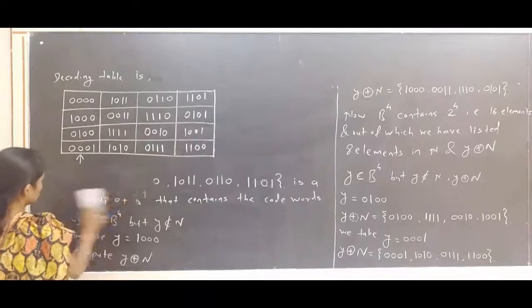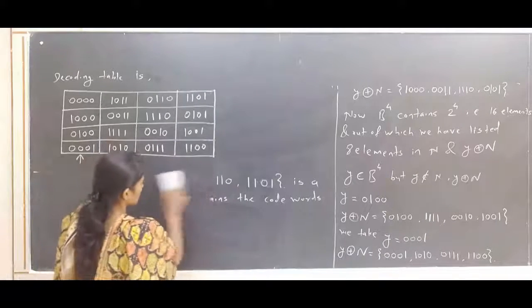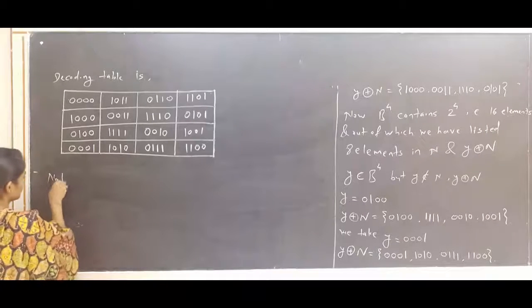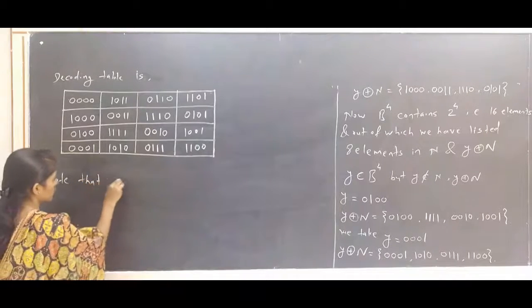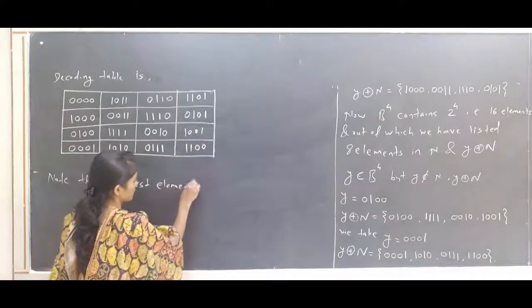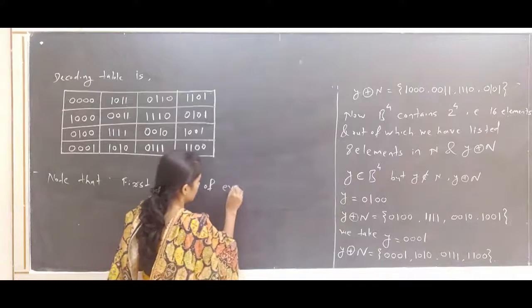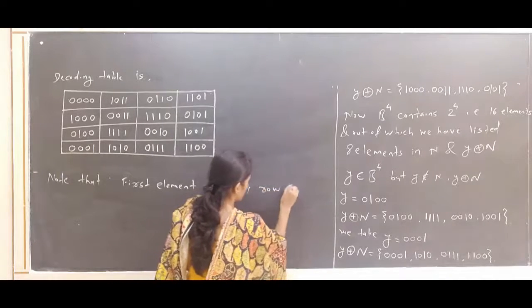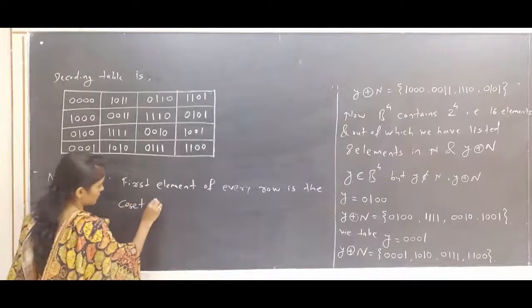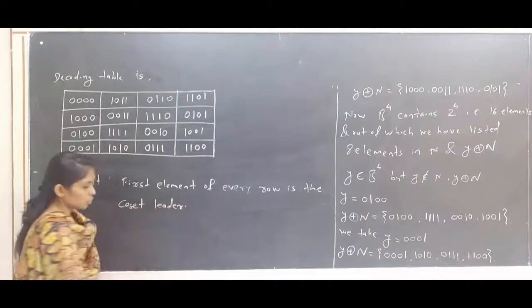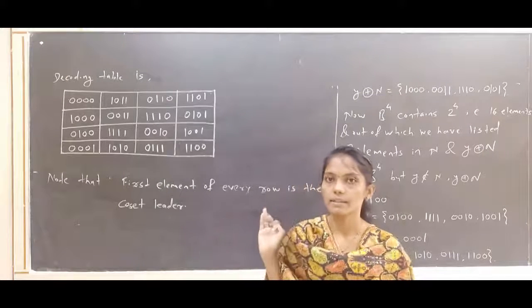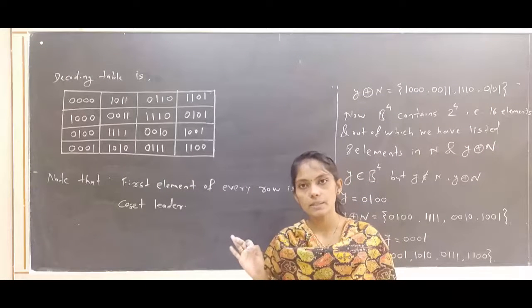So all of you note that the first element of every row is called a coset leader. All of you get this?